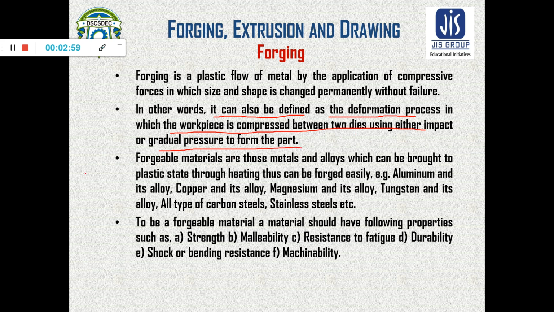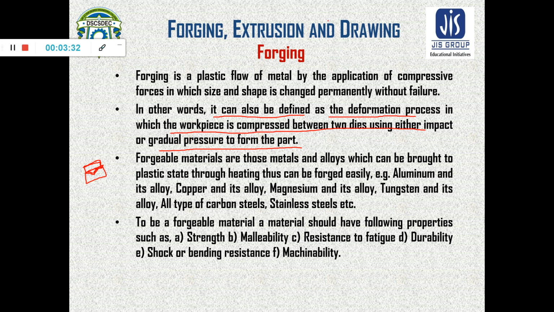That means in forging there are two sets of dies, and the stock is given gradual or impact loading so that it can take the shape of the die cavity. This is the forging process.